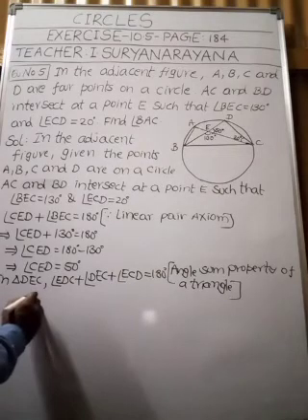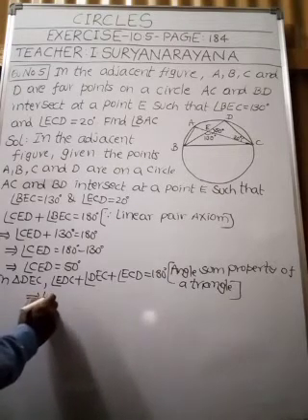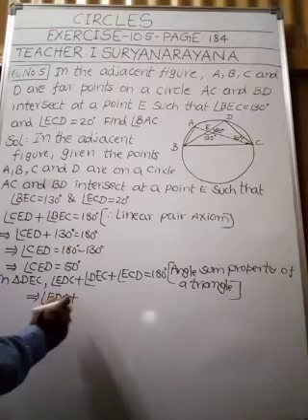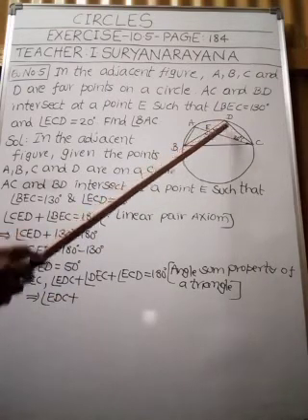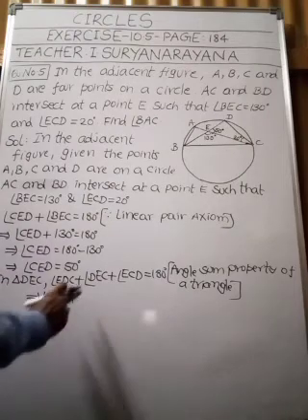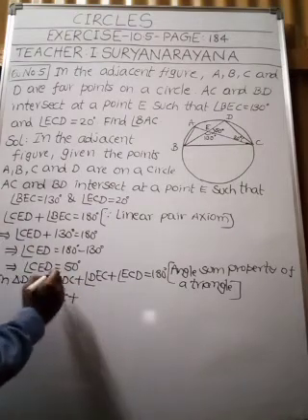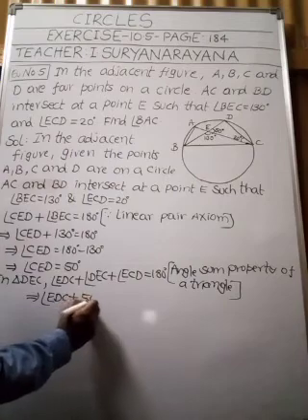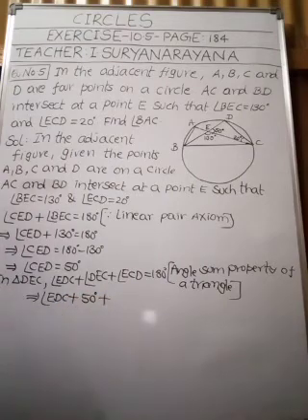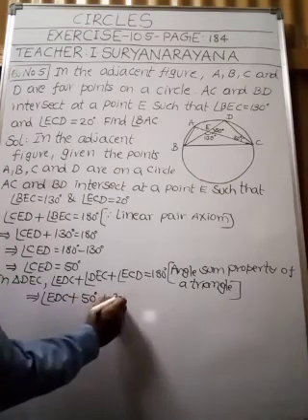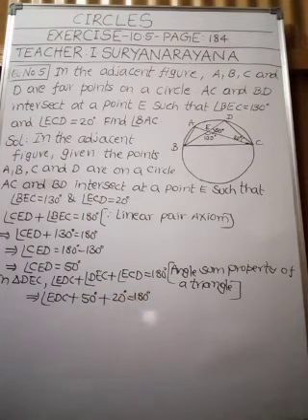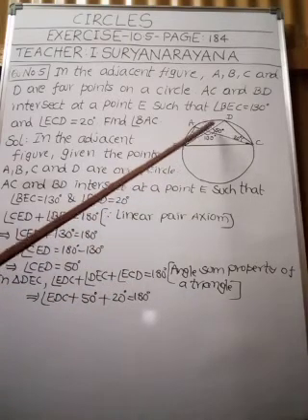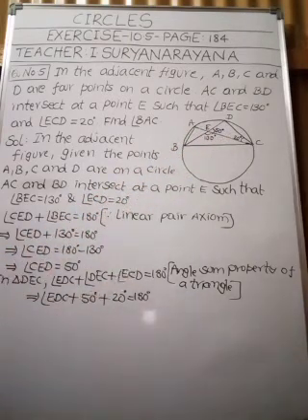Right. This implies angle EDC, we don't know the measurement of this angle EDC, plus angle DEC, what is angle DEC? 50 degrees, plus angle ECD, 20 degrees, is equal to 180 degrees. Understood this step, my children? We substituted angle DEC and angle ECD from this figure. Okay, my children? Right.